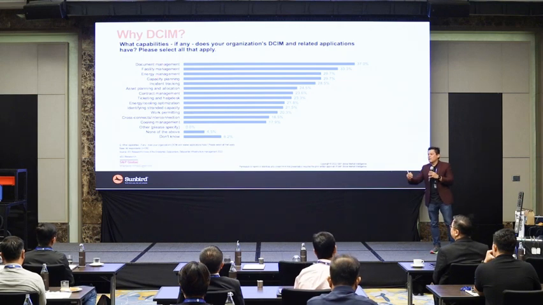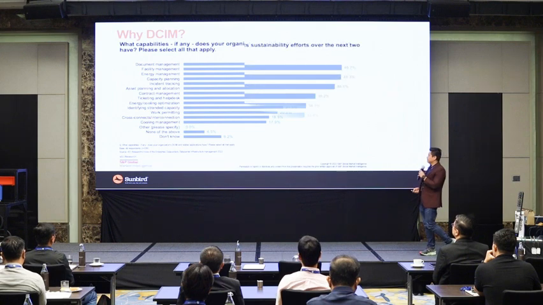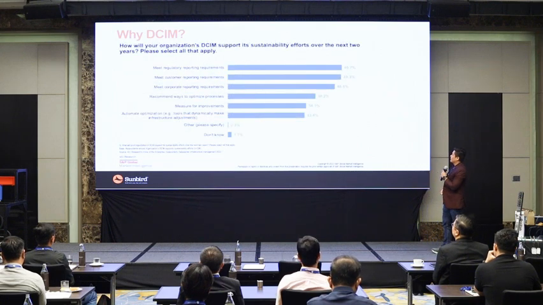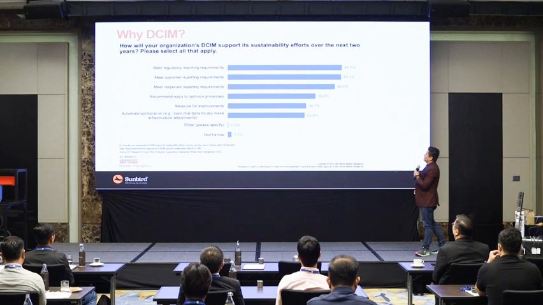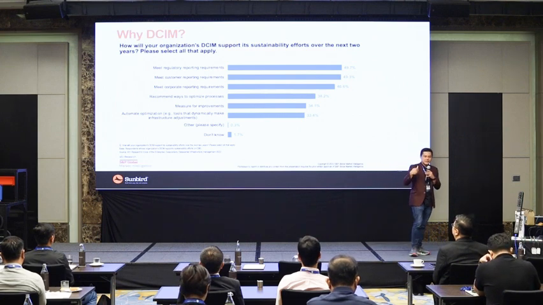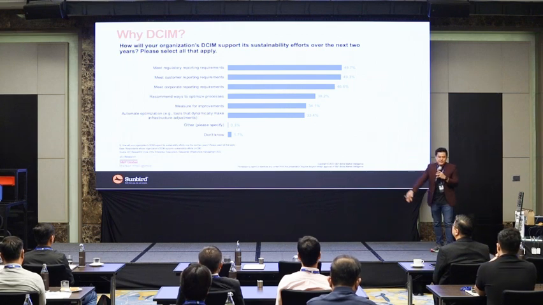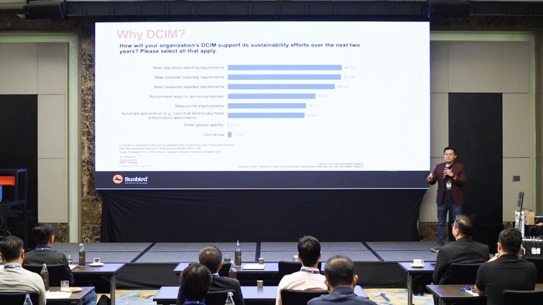You need to know where your power is, where your space is, and how you deploy your devices, your IT assets. And how your company supports sustainability. A lot of them replied that it is because of regulation, right? There is some control in your country, and that's why you need to comply.